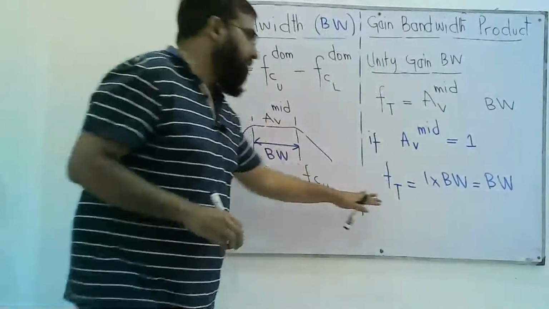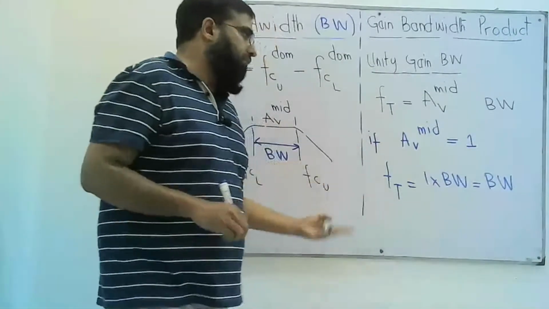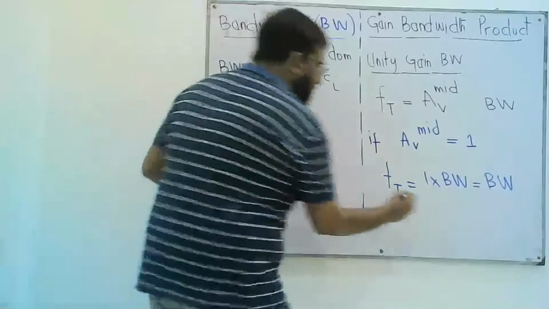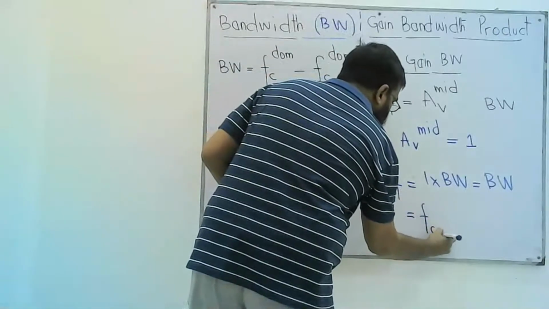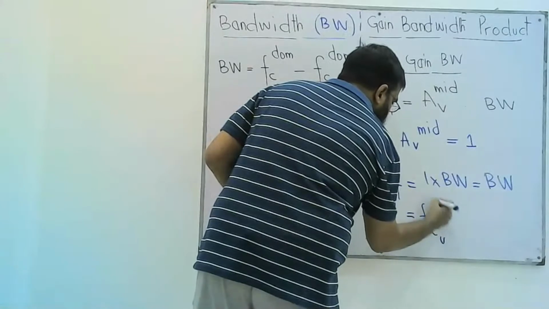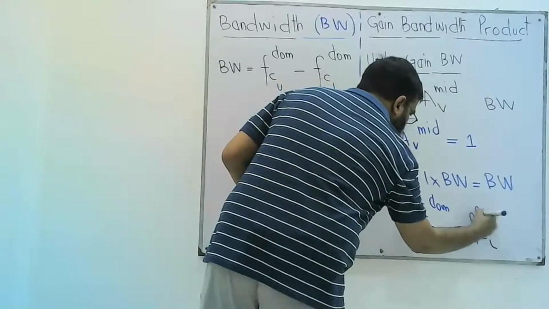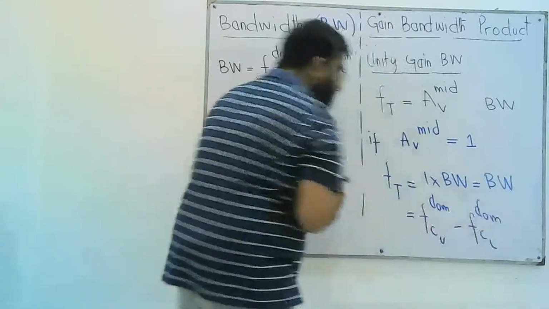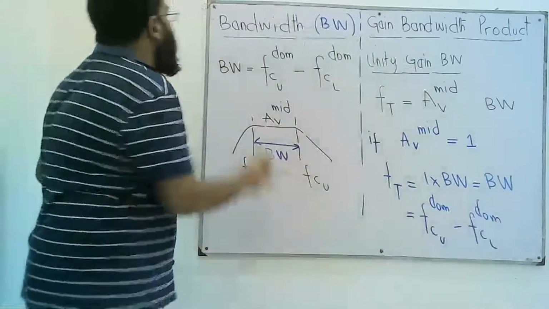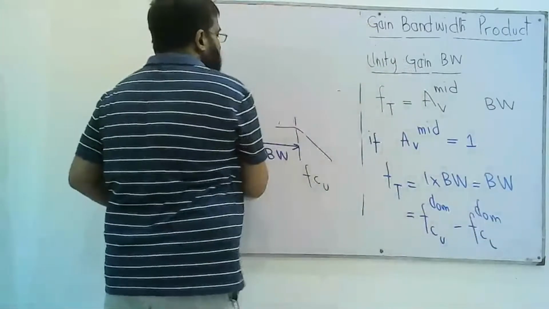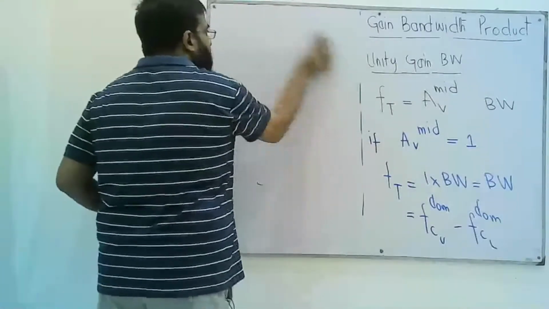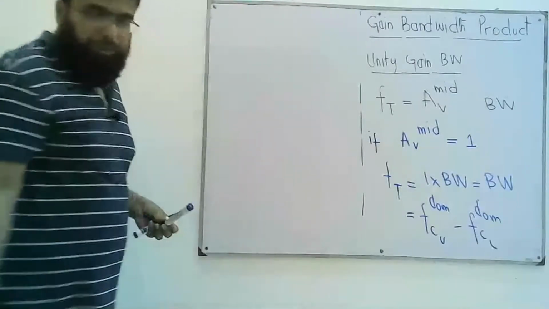Ft represents the difference of the upper cutoff frequency, dominant, minus FCL dominant. So Ft becomes the difference of the dominant upper cutoff frequency and the dominant lower cutoff frequency.